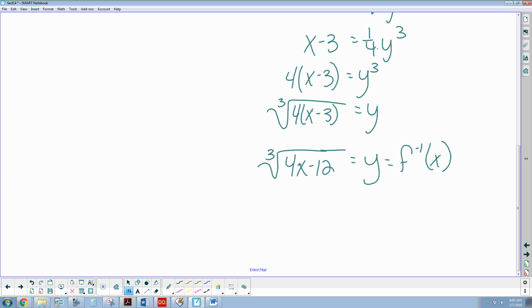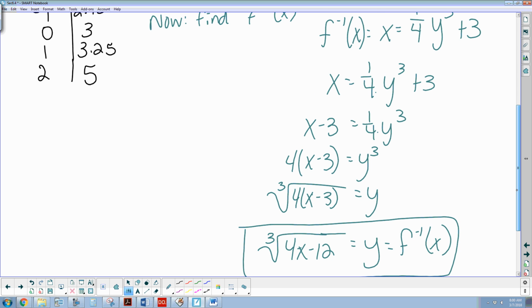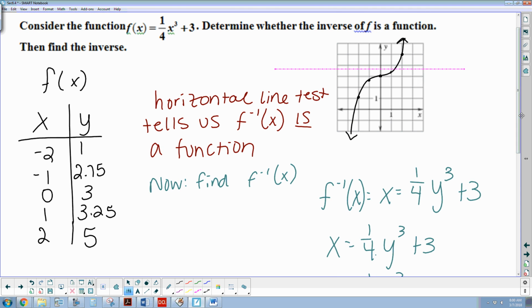I can't simplify 4x; there are no perfect cubes as factors. I can't simplify 12; there are no perfect cubes as factors. So this is my final answer, my inverse function. You can substitute x values in, and you will get the y values that we got when we switched the x and the y values with our original function.